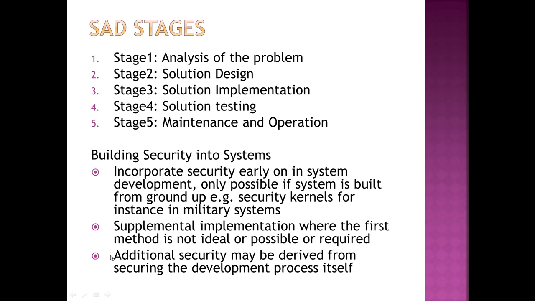Then of course, additional security is going to be derived from securing the development process itself. You might have the most secure system, but if the development process is not secure, for instance, if you're going to create software for the CIA, the people involved in the project will first of all have to be vetted.